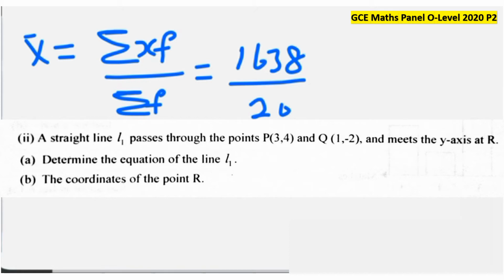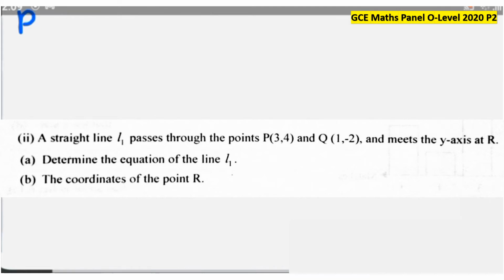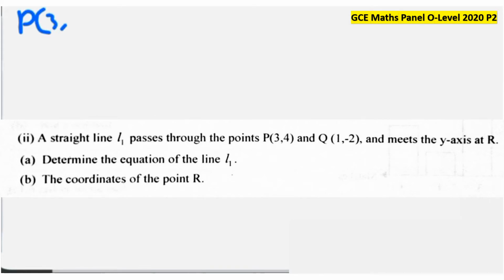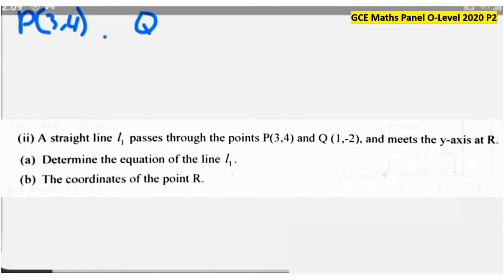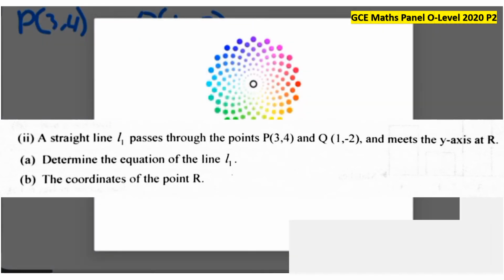Well, we can just apply the formula directly, since we have been given the two points. I'll show you two different ways which students can use to answer this question.